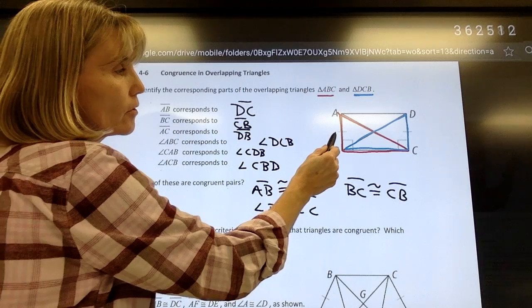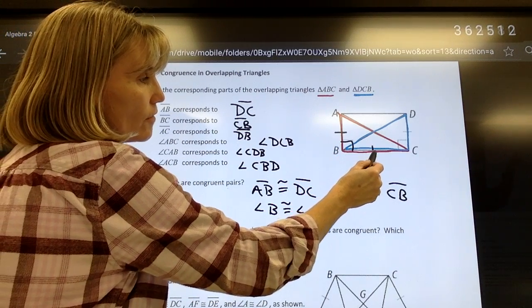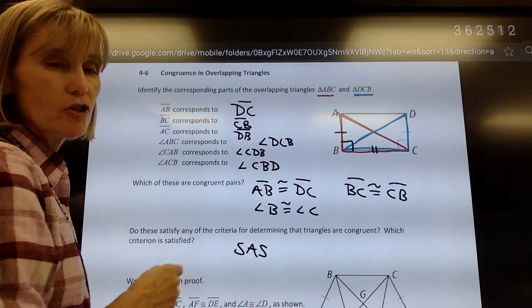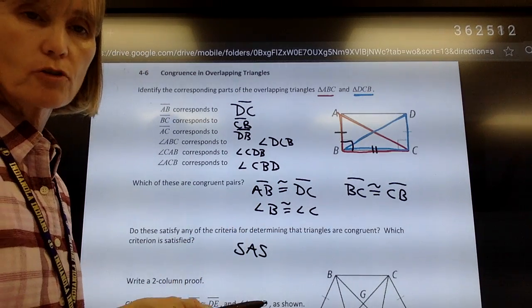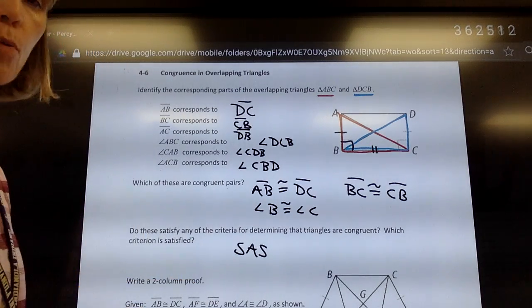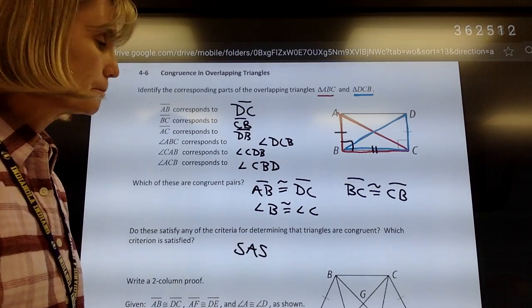What does apply is you have the side, the angle, and then the side. So by SAS, we would have two congruent triangles. The red triangle and the blue triangle would be congruent to each other, but this time it wouldn't be HL, it would be SAS, side angle side.